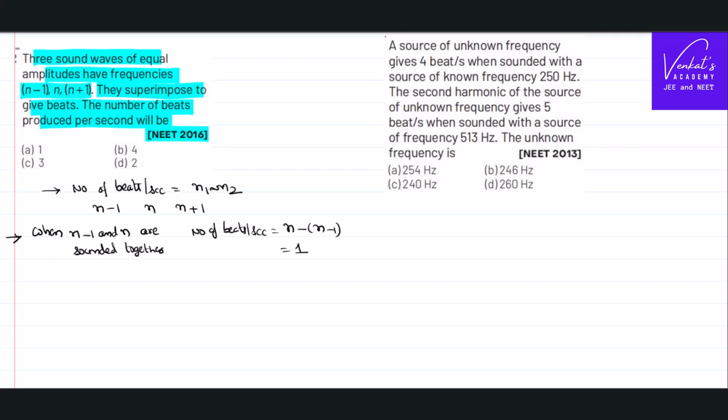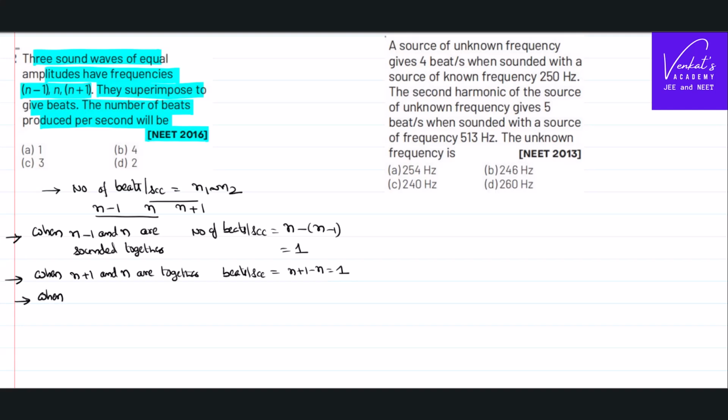That's one case. Next case, now look at this case. When n plus 1 and n are sounded together, beats per second is again the difference between them, n plus 1 minus n, which is also equal to 1.